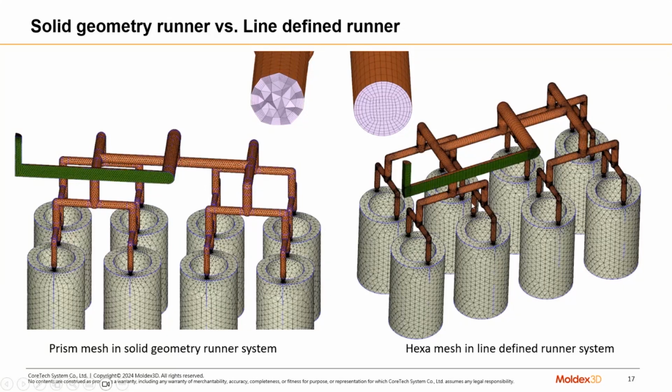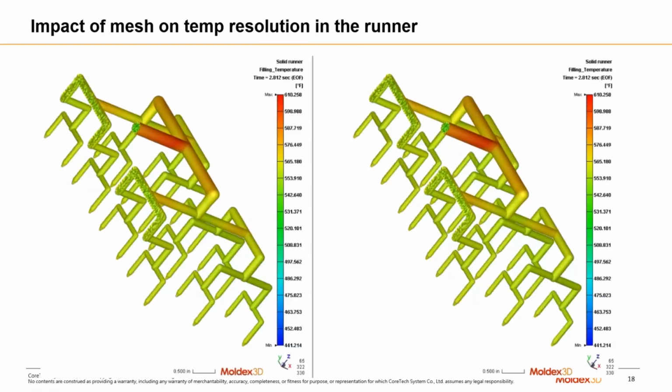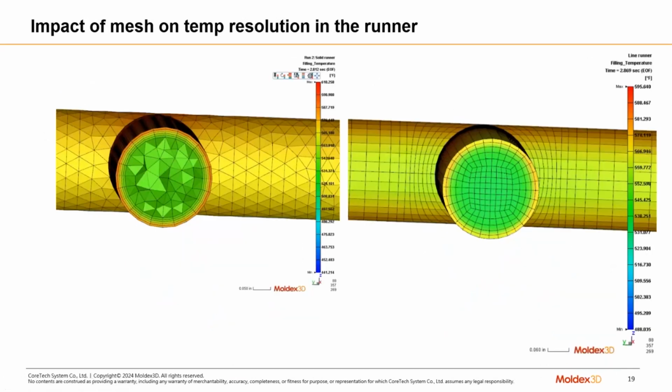Yes, you're going to spend a little time here on the runner creation, but you're going to save a significant amount of time in the meshing, cleaning up the mesh, and also the accuracy is going to be way higher, right? This simulation was simple, so we don't see a lot of differences from left to right when it comes to the runner, but when we zoom in, you can really see the differences.